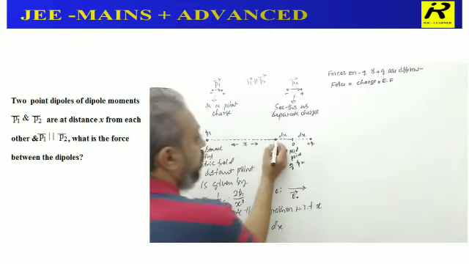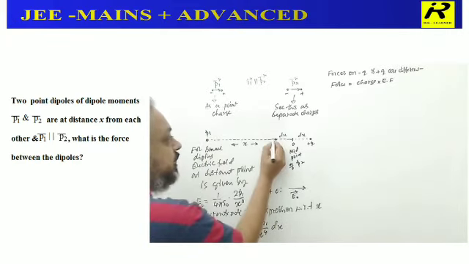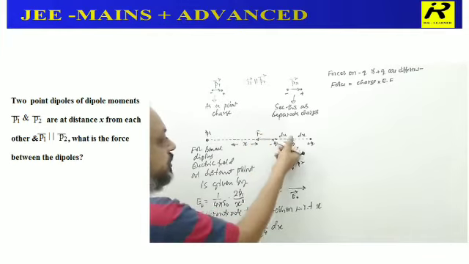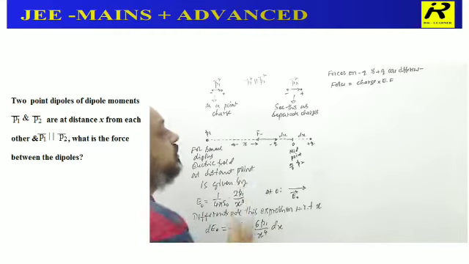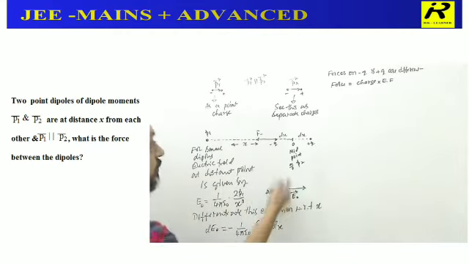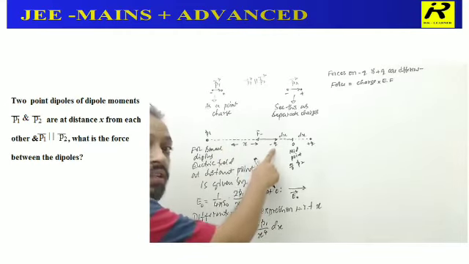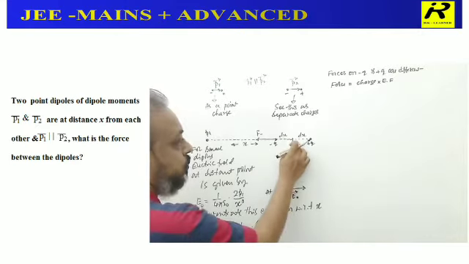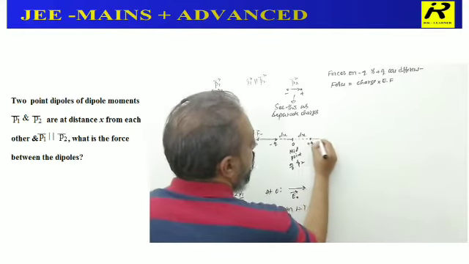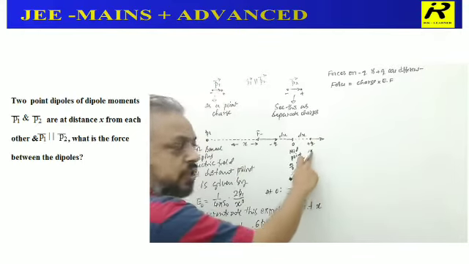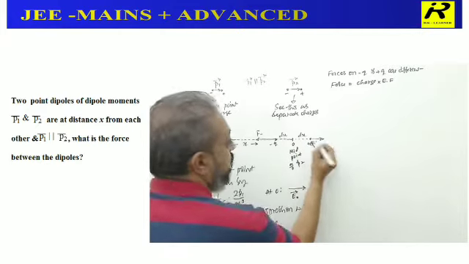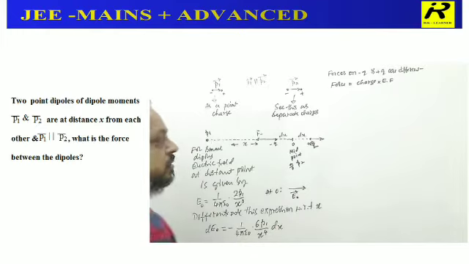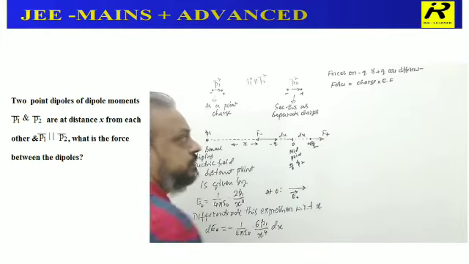So, now I call a force F minus, which is acting to the left, because this electric field will attract this negative charge, whereas this electric field at O will repel this electric charge, which is plus q. The symbol was right, okay, let it be. So, this is the F plus force.